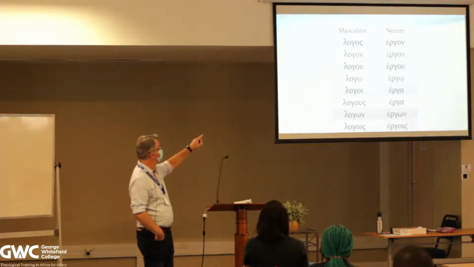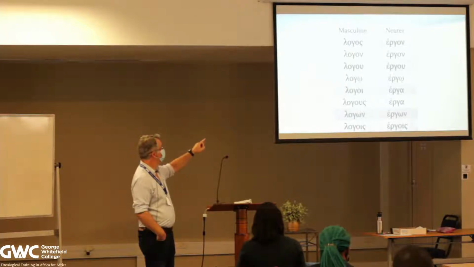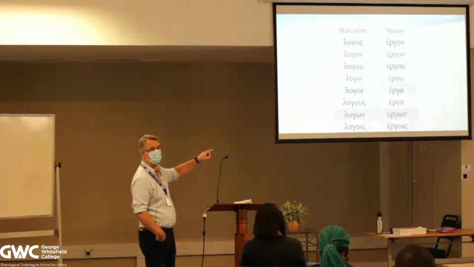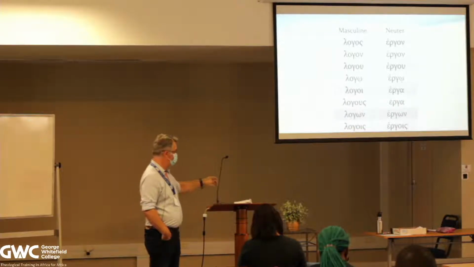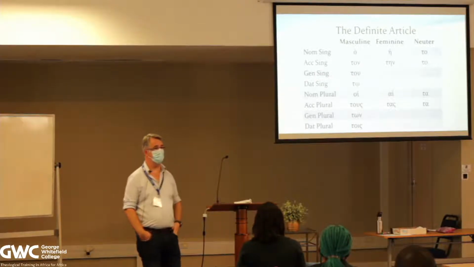The genitive ending for the neuter noun is the same as for the masculine noun. It's oo. And so is the dative, it's o. And the plural, they're both own and they're both ois.